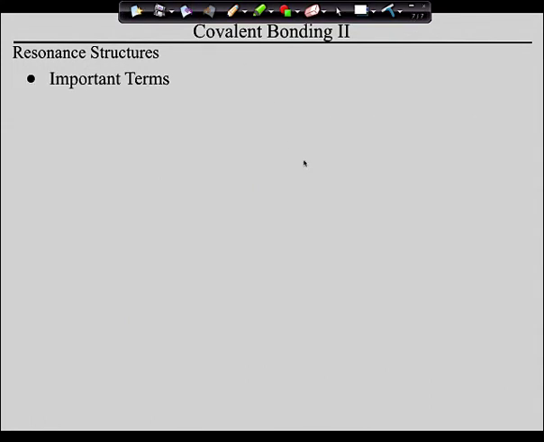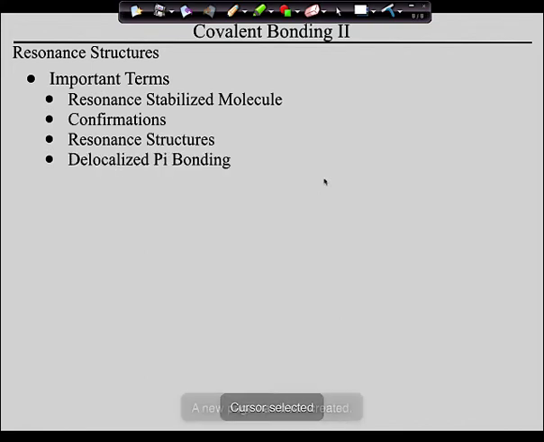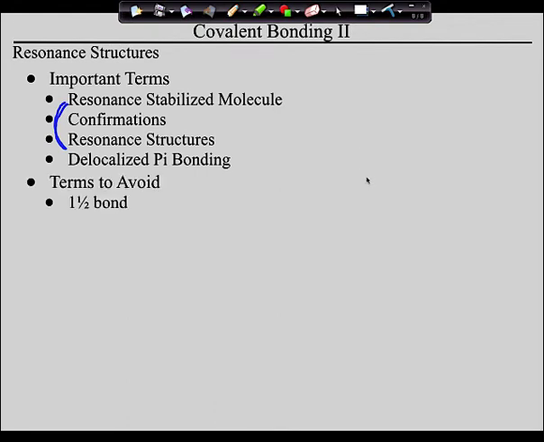When you talk about ozone, again, you know these terms, it is just fine to talk about these four words. Resonance stabilized molecules, conformations, resonance structures, and remember that these are equivalents to each other, and then delocalized pi bonding. Guys, do not use the term 1.5 bond. That is not what is going on here. This is not a 1.5 bond.